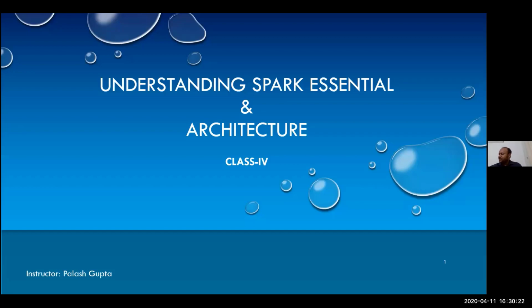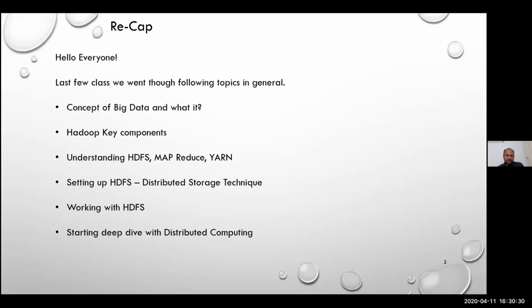So today, till now we know what is big data and the key components of big data, and we know how to configure a distributed file system. So we took 2 machines, but it can be a number of machines, and the procedure is the same.